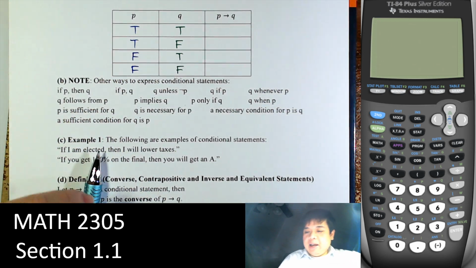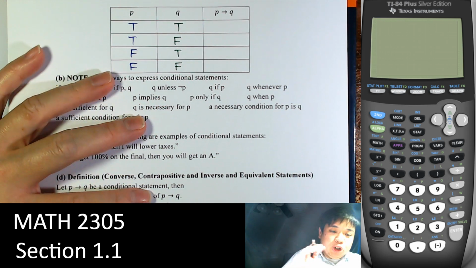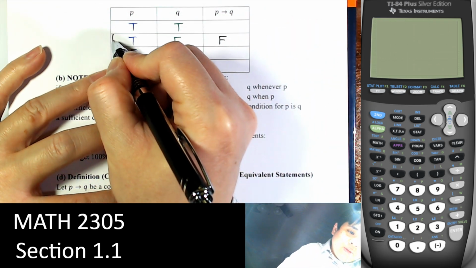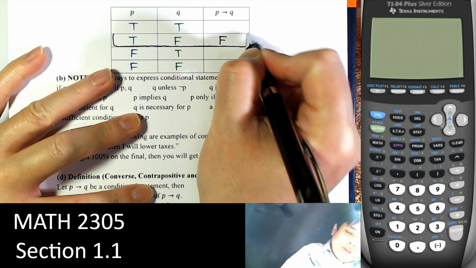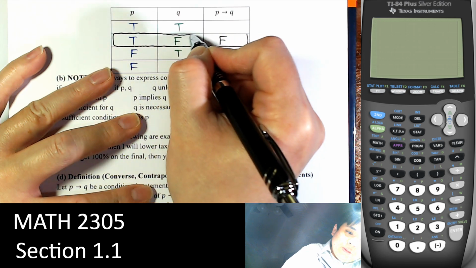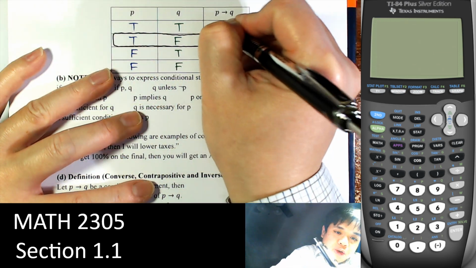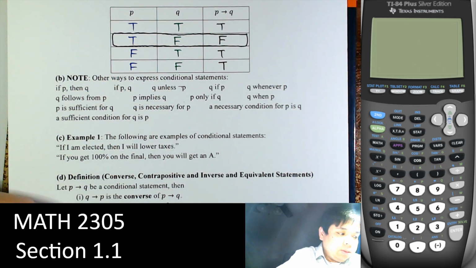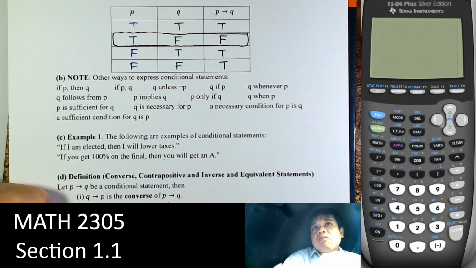Right. Now, what did we say? It is only false if true implies false. So this is false, and everywhere else true. Right?